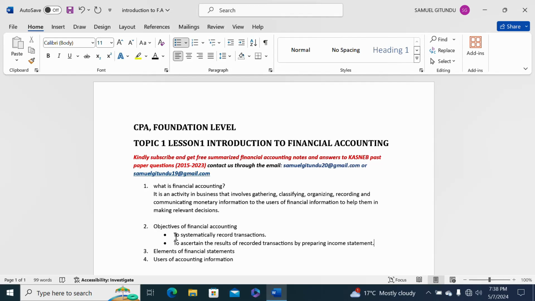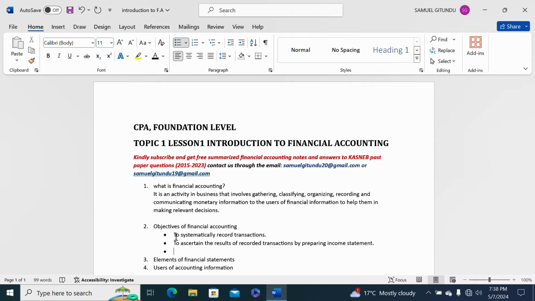If you have incurred expenses, for example, the rent for the building, salaries for the workers, electricity, those are some of the expenses. Therefore, if you have a statement that contains the revenue, you deduct the expenses to get profit. That is what we call an income statement. We are going to discuss more about income statement in the lessons to come.